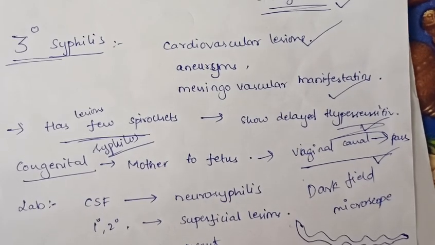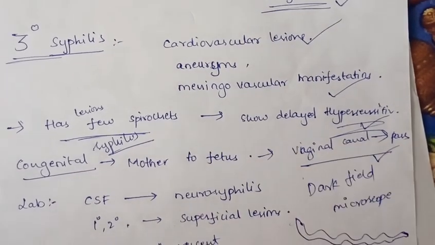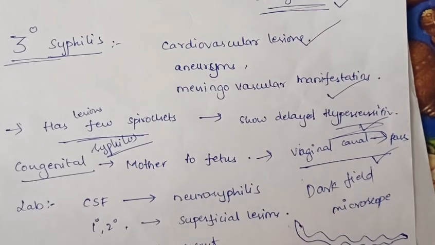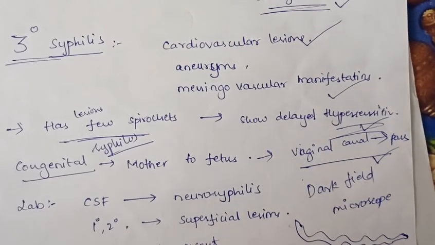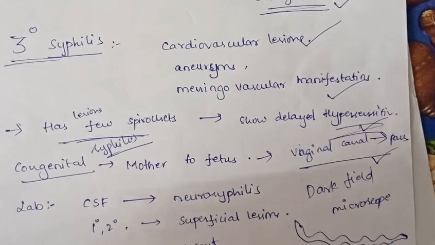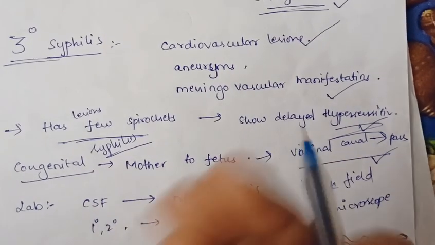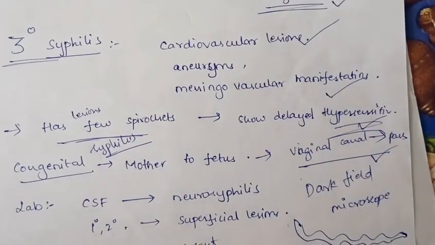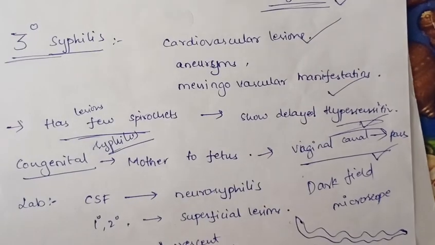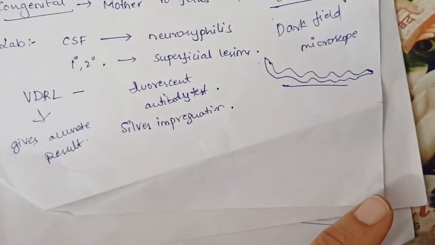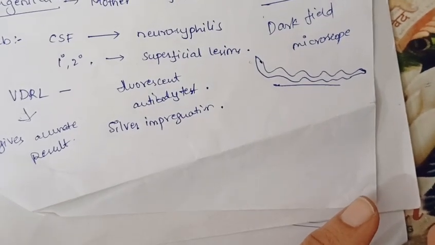In case of primary and secondary infections, the specimen from the superficial lesions is collected, a wet mount is prepared, a cover slip is added, and it is observed under a microscope.